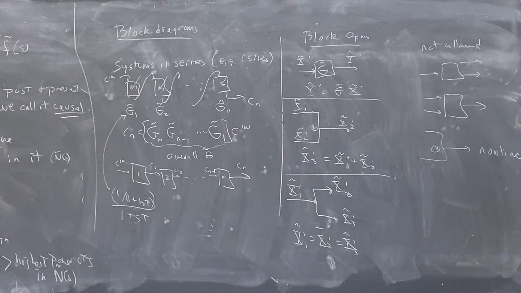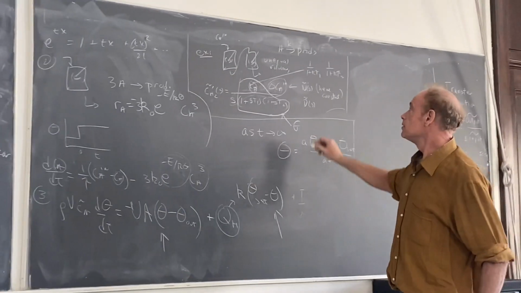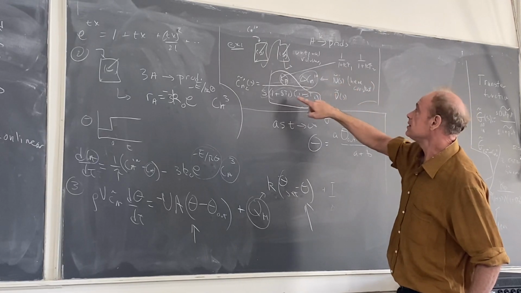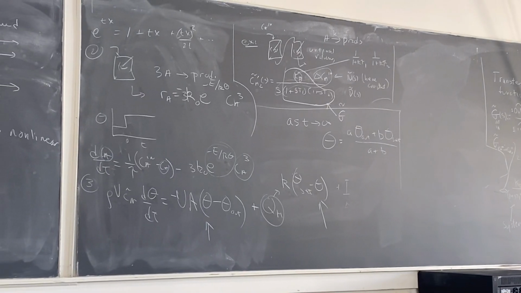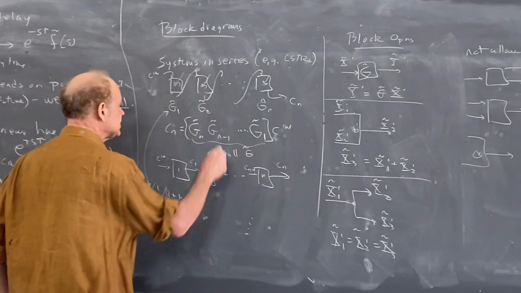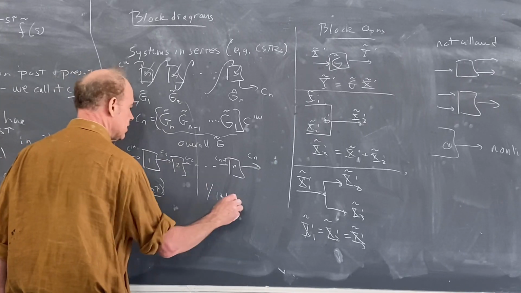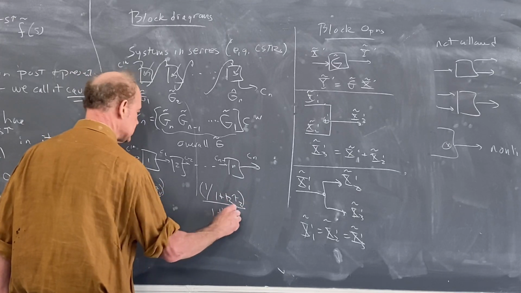So delta C in over S is the input prime. So this thing is G. So it's the Kp, which is 1 over 1 plus K tau 1 over 1 plus S T1. That's for the first CSTR. And for the second CSTR, I have 1 over 1 plus K tau 2 divided by 1 plus S T2.